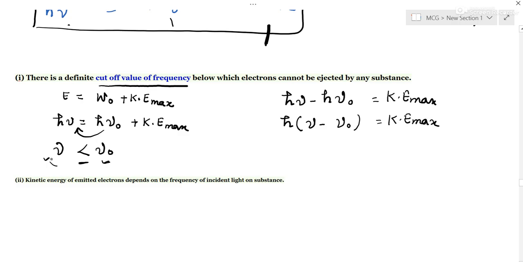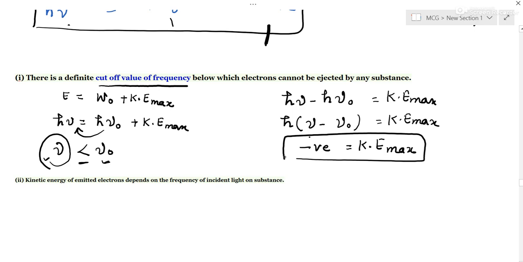Now nu is less, so if we are subtracting, like 6 minus 7, this is a less number minus a more number, so it will be negative. So kinetic energy is coming negative. Negative kinetic energy means the process is not occurring.